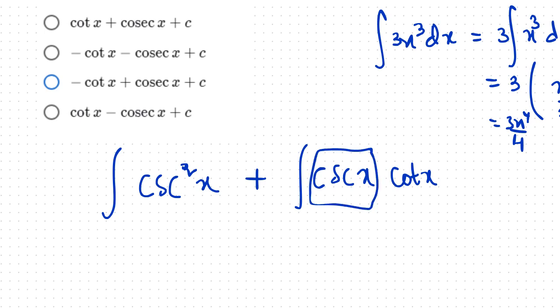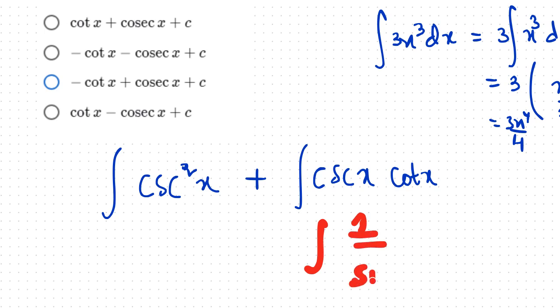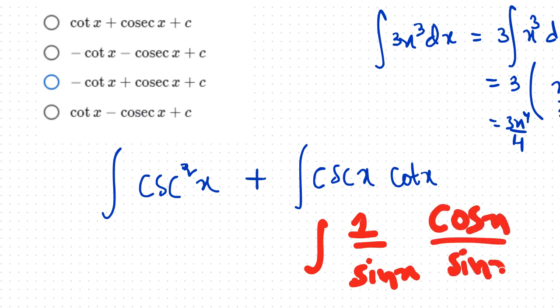Cosec x in terms of sin x will be what? 1 by sin x. So this is basically 1 by sin x into cot, which is the reverse of tan.